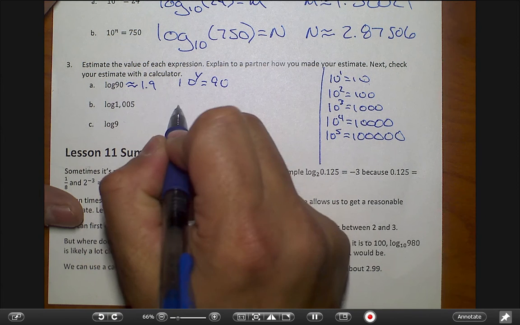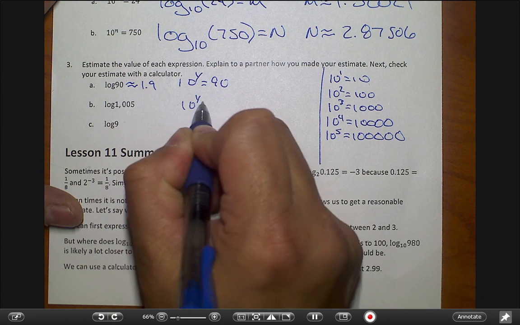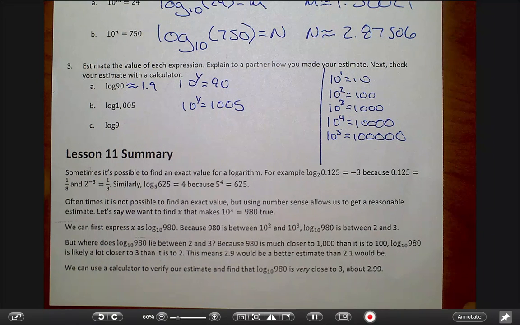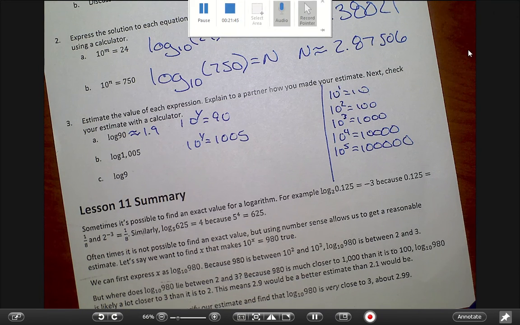All right, what about this next one on B? So I'm going to have 10 to the y is equal to 1,005, right? So that's between 3 and 4. 3.05. Are you taking a guess or calculating? Taking a guess? Okay. So now 3.1. I want you guys to see 3.1 real quick though.